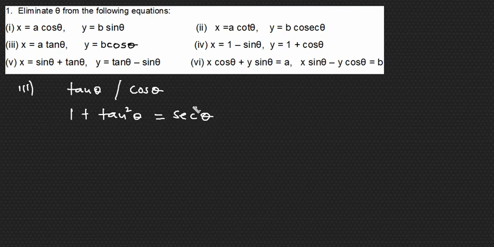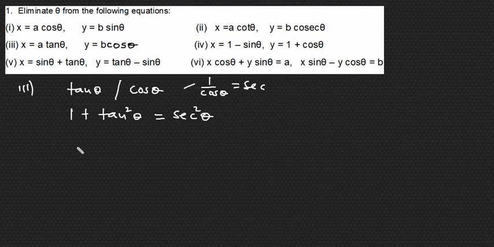You may observe that here we don't have sec, we have cos, but don't forget that 1 over cos will be sec, so you can again get your sec squared.